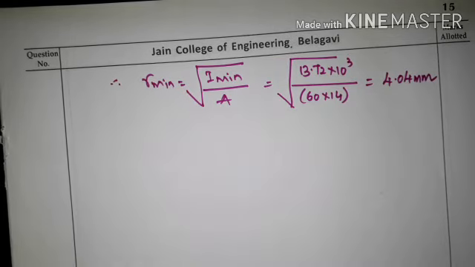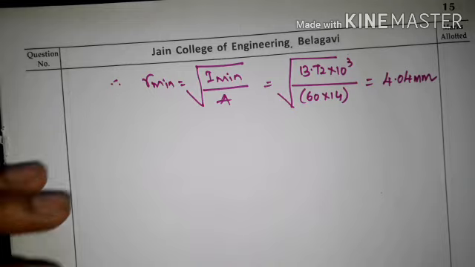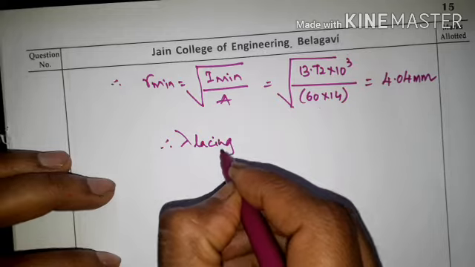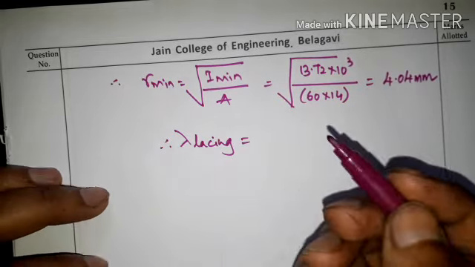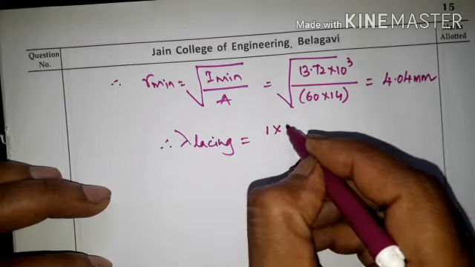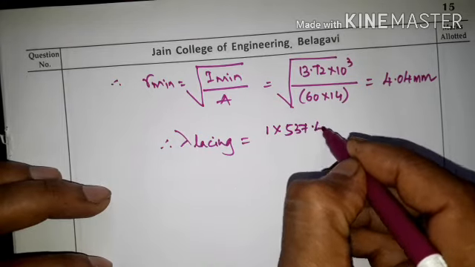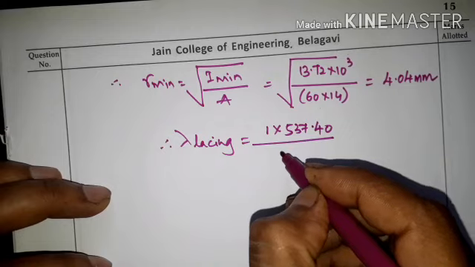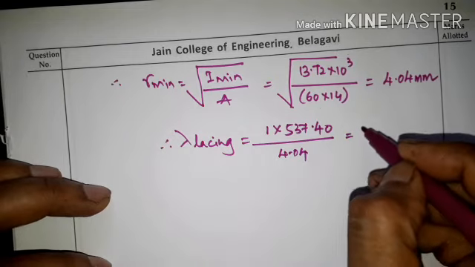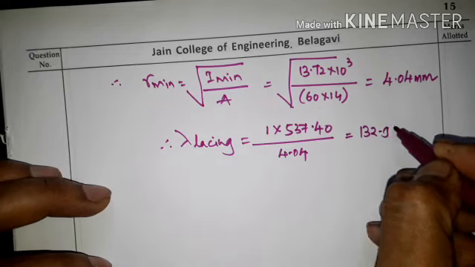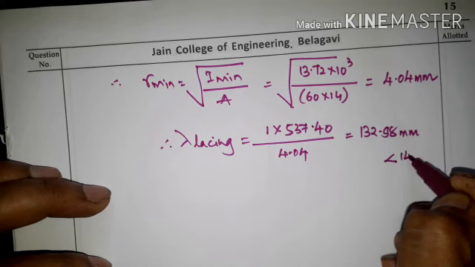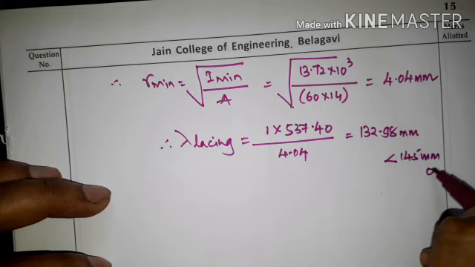Then therefore lambda for lacing is equal to KL by R minimum. So K is 1, L is 537.4, R is 4.04, which is 132.98, which is less than 145, okay.